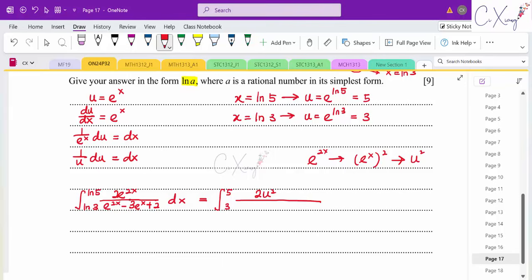Same thing happens for the e power 2x at the bottom here. You will be having u squared. Negative 3e power x is 3u. Then plus 2, nothing to do with the number, so you just copy it as plus 2. Then how can I get the dx here? So dx is basically equal to 1 over u du. So I will put it as 1 over u, then du.